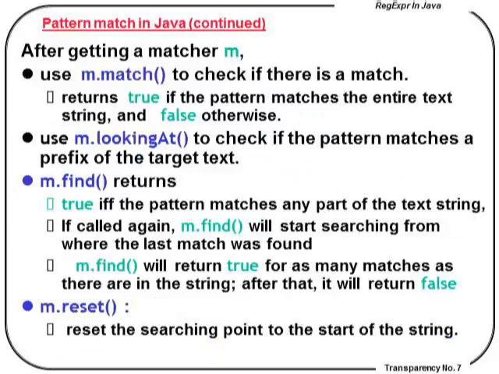After getting a matcher, m is the matcher variable. Use m.matches to check if there is a match. It returns true if the pattern matches the entire text string, and false otherwise.